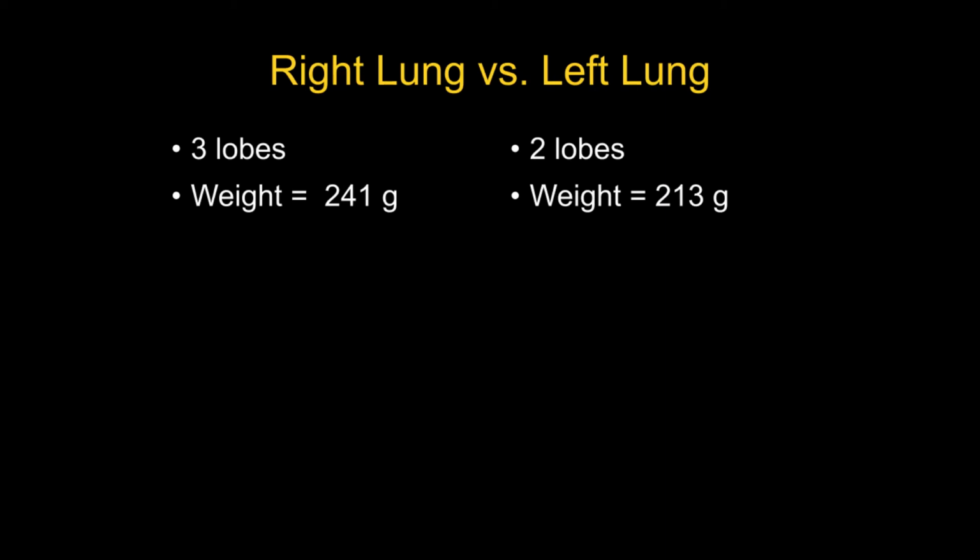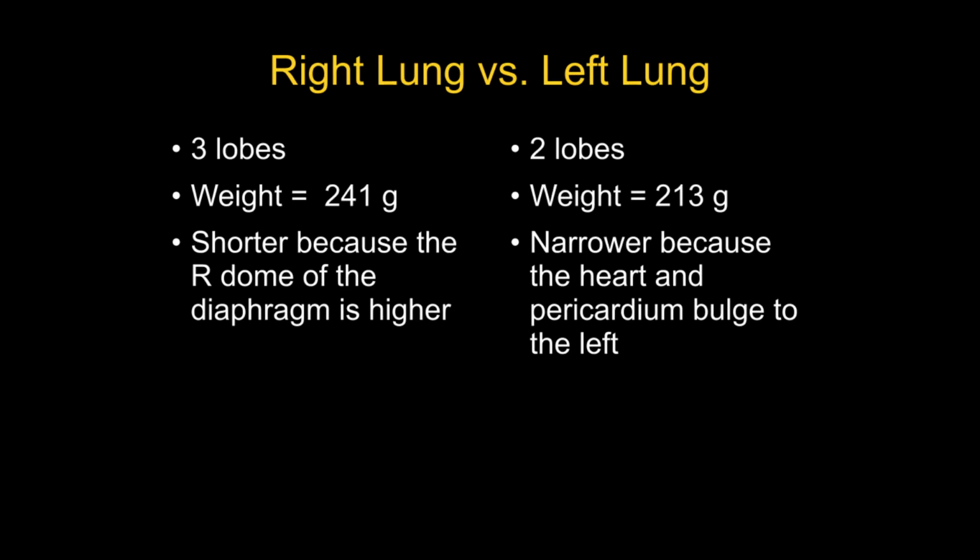But because of the liver underneath the diaphragm on the right side, the right lung is shorter, whereas the left lung is narrower because it is pushed to the left side by the heart and its pericardium.